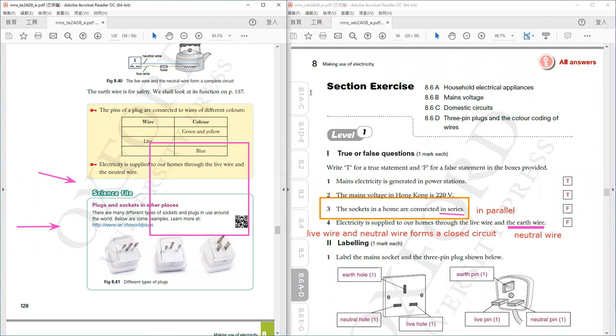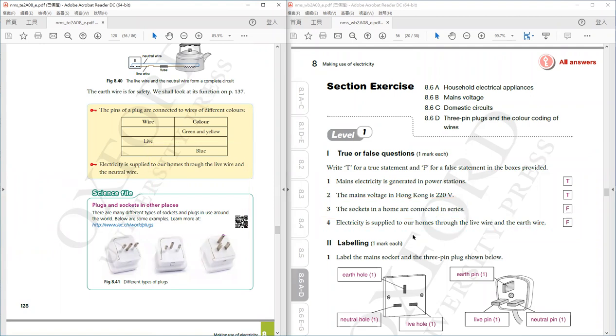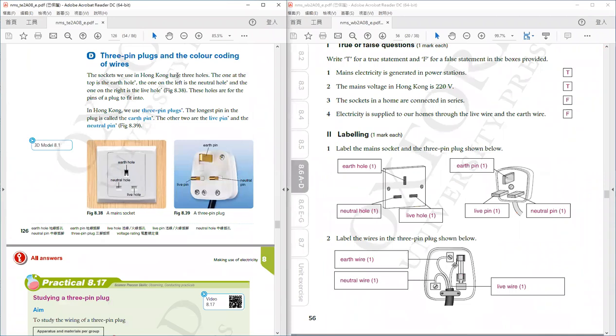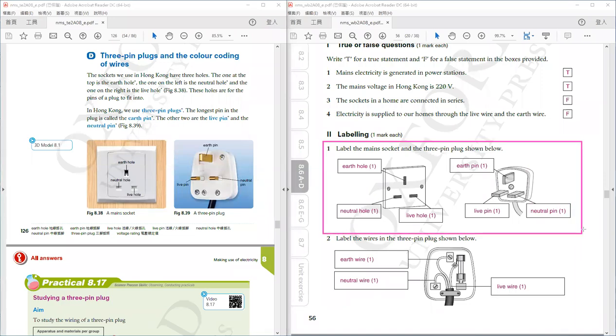Okay. So I will go down to the next one. For the next part, refer to page. When you refer yourself to the textbook, you will understand how to work on it. So there are three pins and three holes in the socket and the plug.